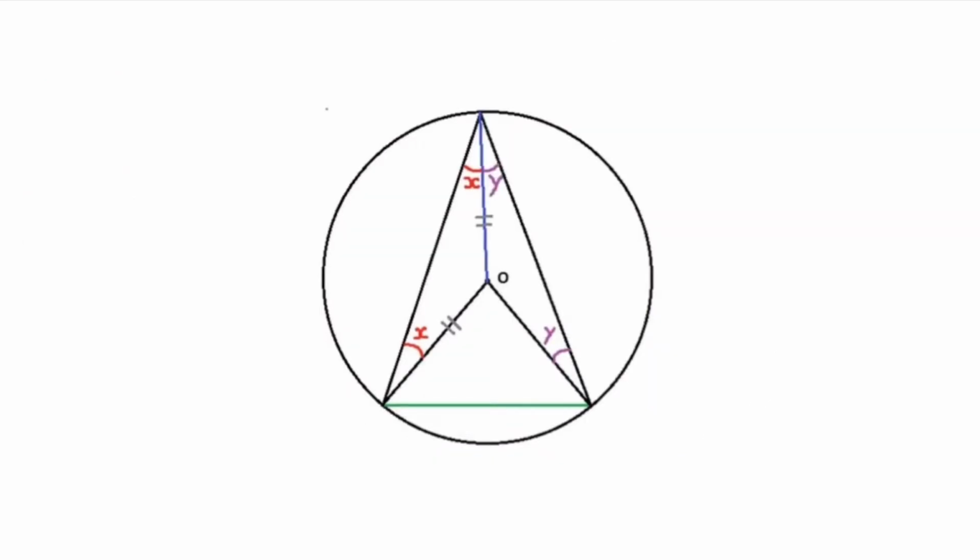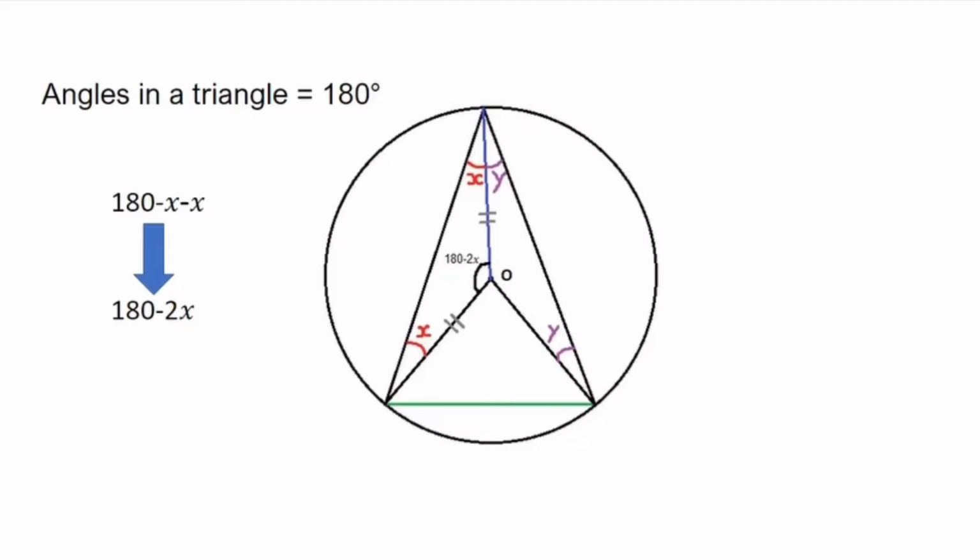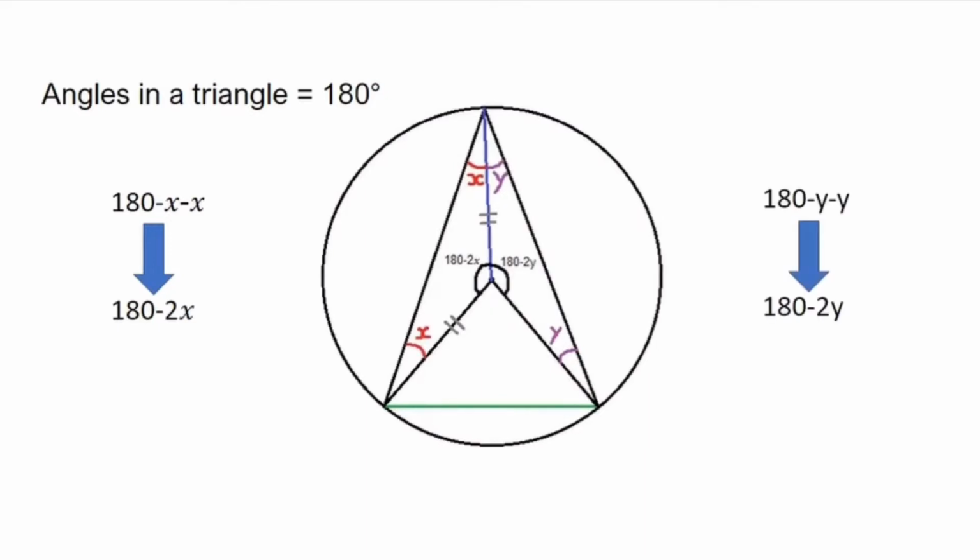We go back to something that we said earlier to work out this angle here. Angles in a triangle sum to 180 degrees, so we will need to subtract the other two angles to calculate this one. So we do 180 minus x, or 180 minus 2x. Again, the same can be done on the other side.